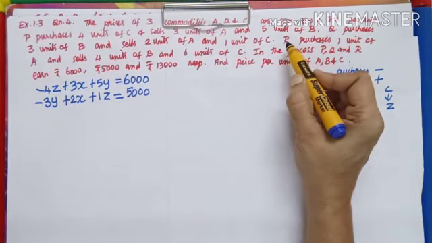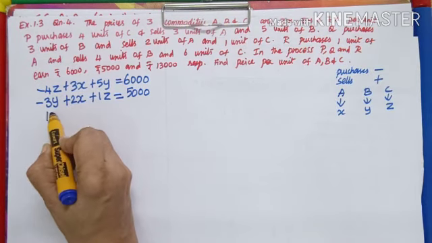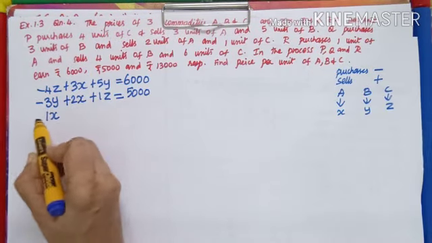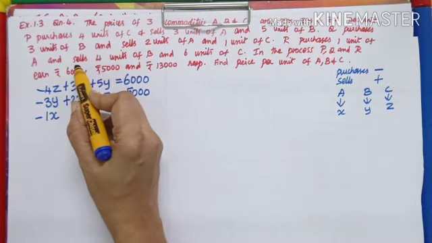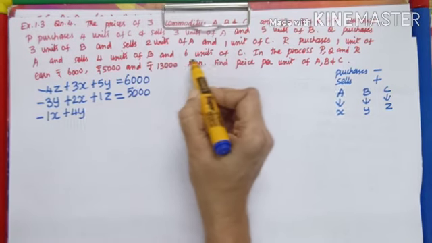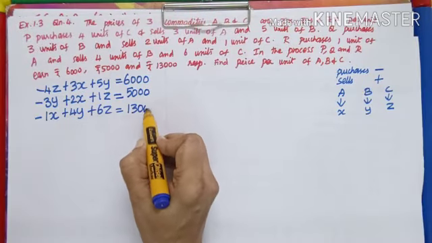The third one, R, purchases 1 unit of A, so minus 1 of X. Purchases tells me negative symbol. Sells 4 of B, so 4 into Y, and 6 of C, 6 into Z. In the process, he is getting 13,000.